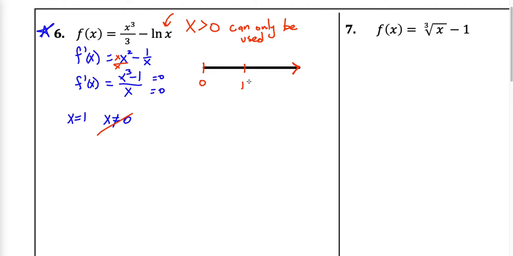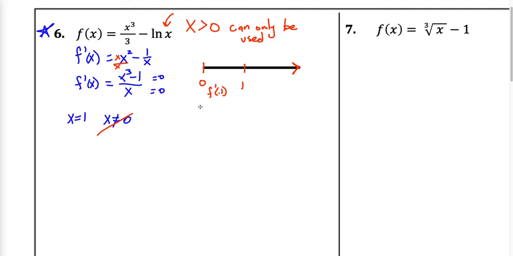Oh, and that's even worse, because now we have to plug a number between 0 and 1 in. There's no good number to pick there. Let's just pick 0.1. 0.1 cubed would be a 1/1000th. Divided by 3 would be 1/3000th.